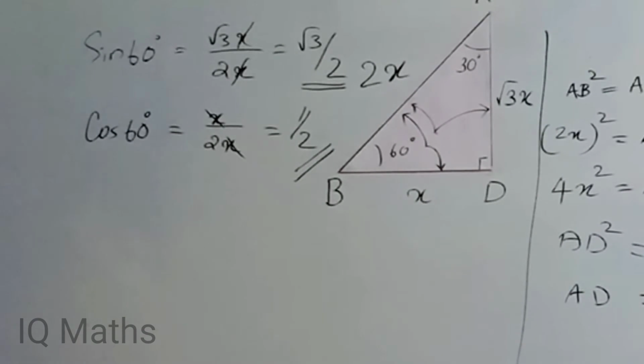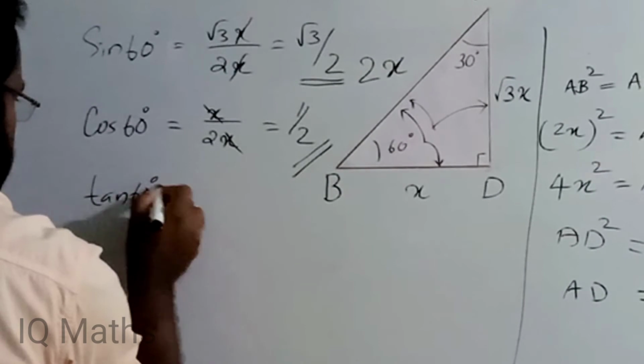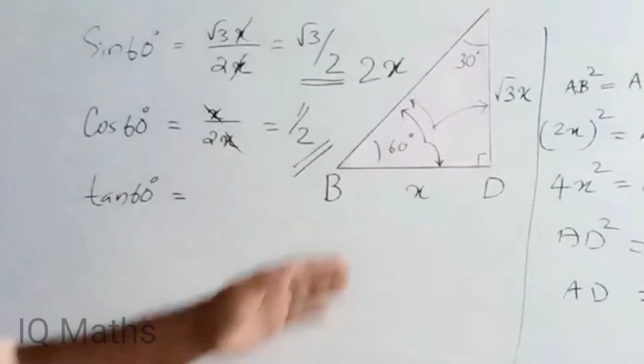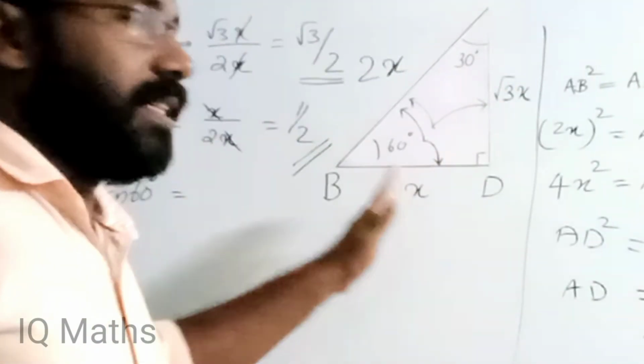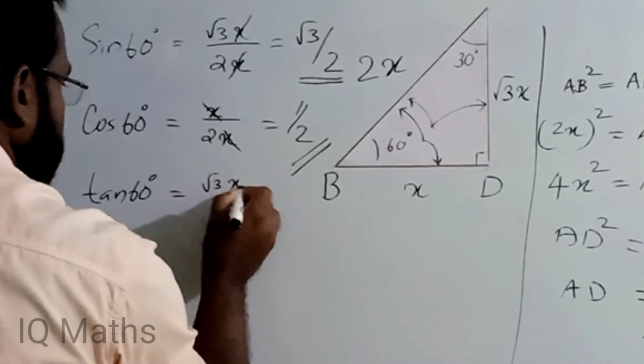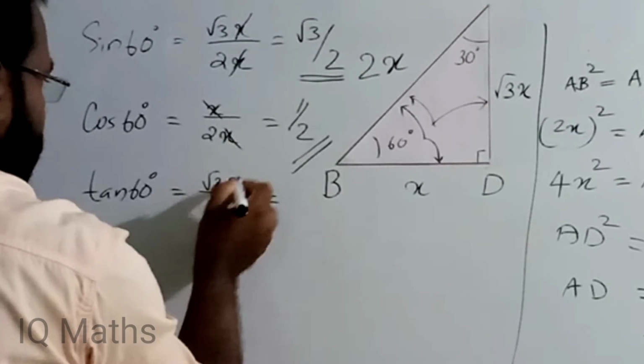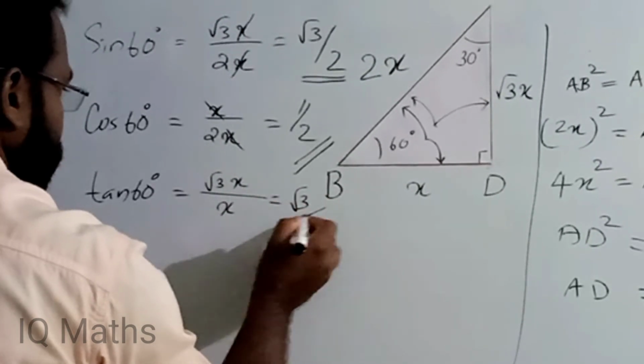Next is tan 60. Tan 60 is equal to opposite side by adjacent side. Opposite side is root 3 x and adjacent side is x. x and x cancel, that will be root 3.